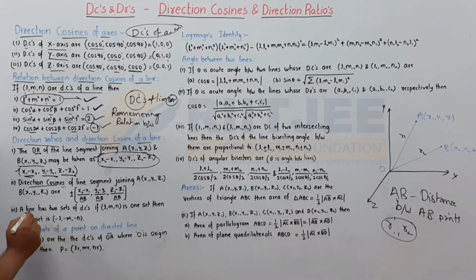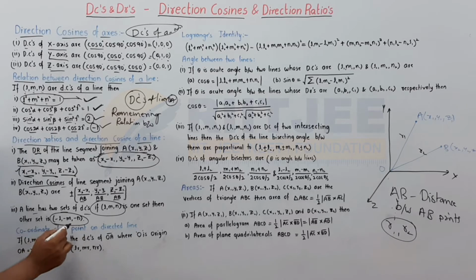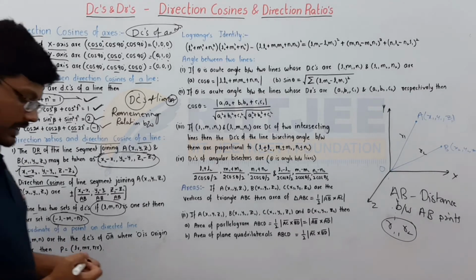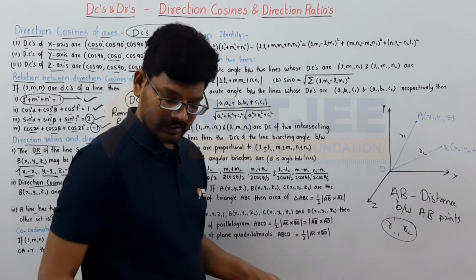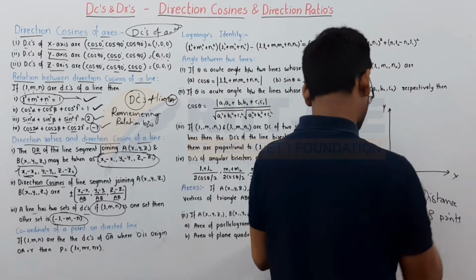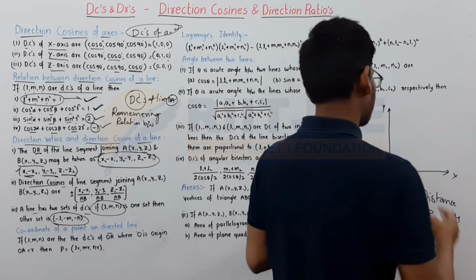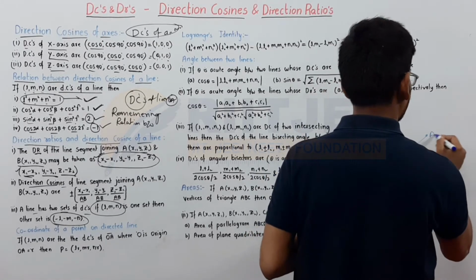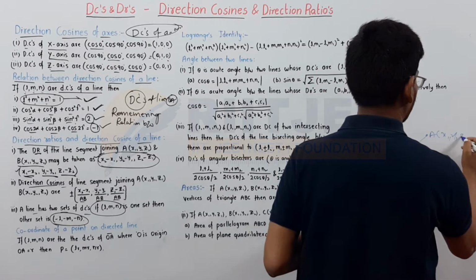Now a line has two sets of DCs: L, M, N and the other set is minus L, minus M, minus N. For example, taking a single line, this is A with x1, y1, z1.